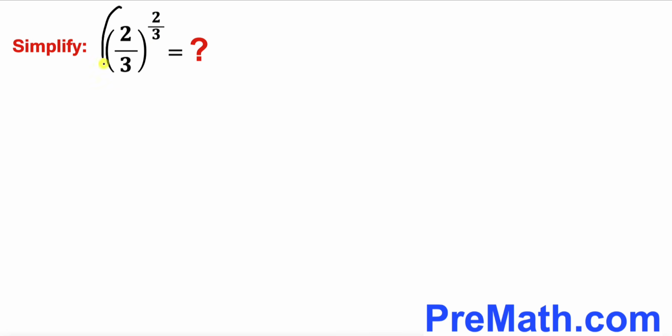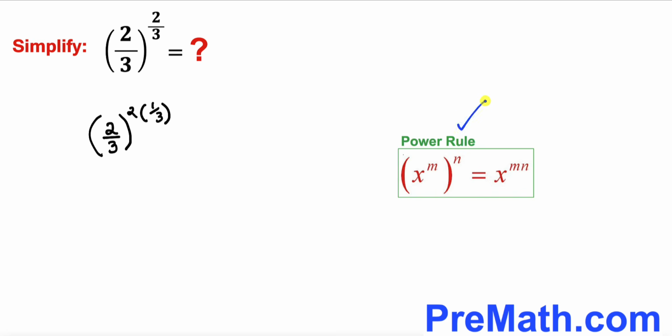So therefore, this whole thing could be written as (2/3) to the power 2 times 1/3. And now let's recall the power rule of exponents. As you can see for these nested exponents, if we have x to the power m and then another power n, then this could be written as x to the power m times n.